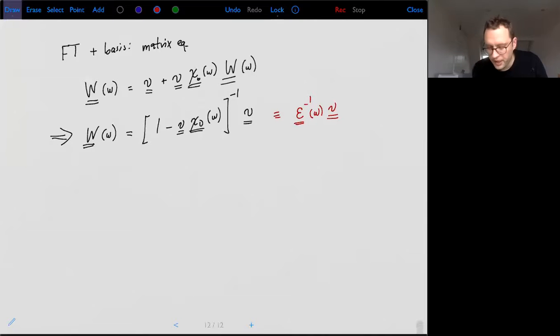And now we can sort of calculate this dielectric function in terms of Coulomb interactions and Green's functions.